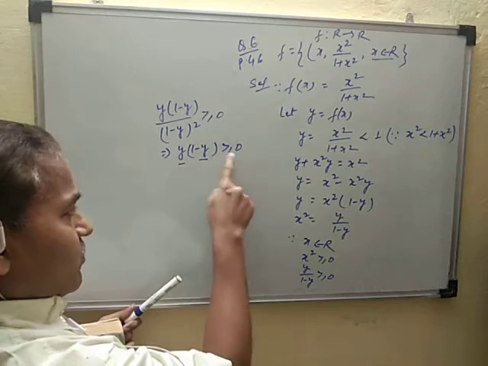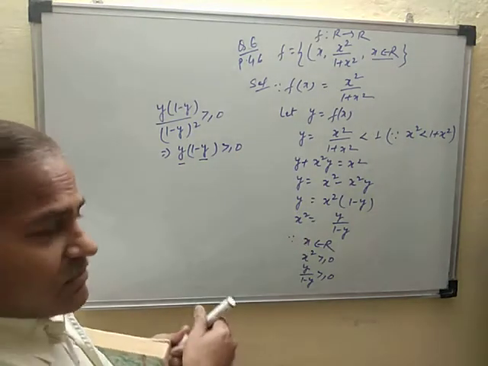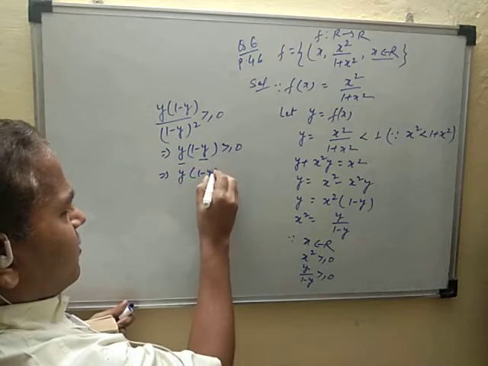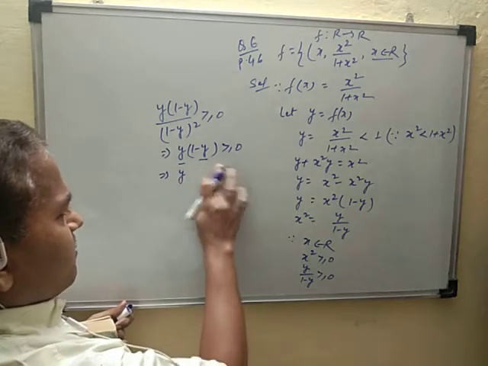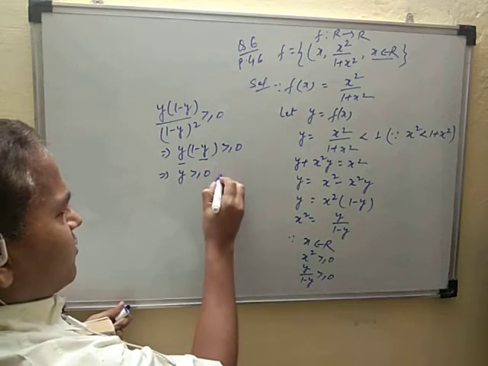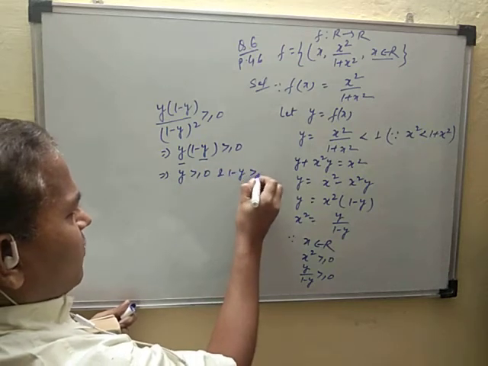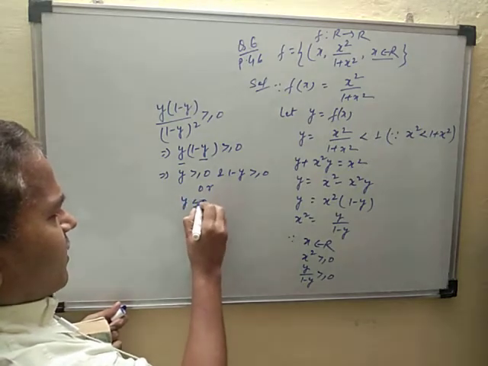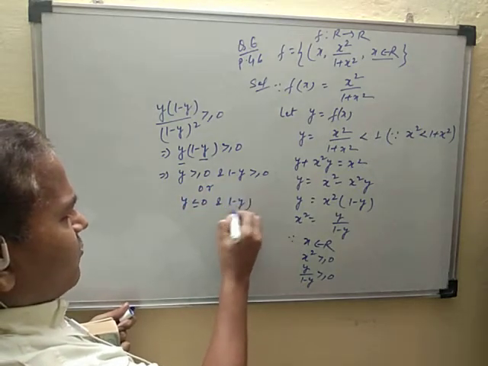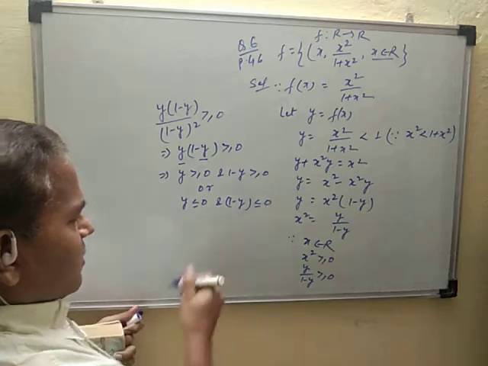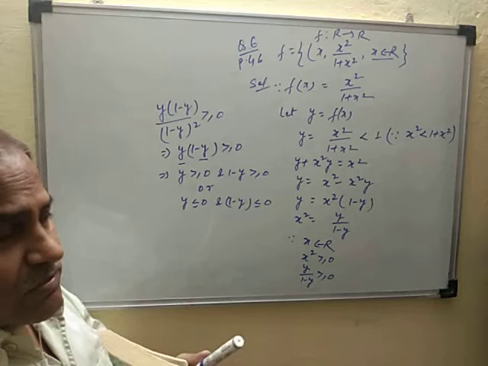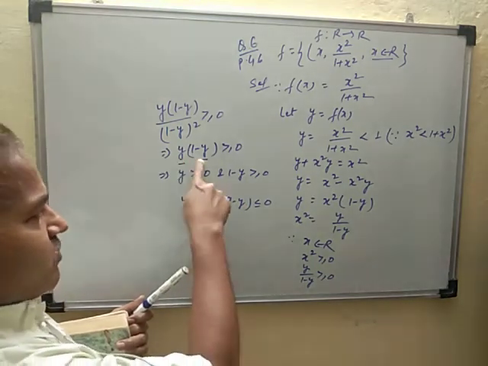So both are positive or both are negative. This implies y greater than or equal to 0 and 1 minus y greater than or equal to 0, or y less than or equal to 0 and 1 minus y also less than or equal to 0. That is, either both are positive or both are negative. If both are positive, the product is positive.